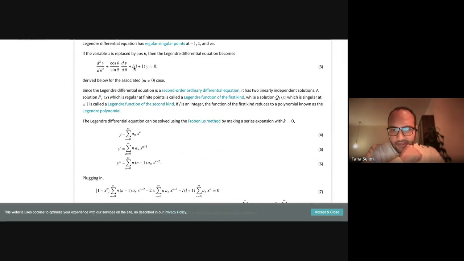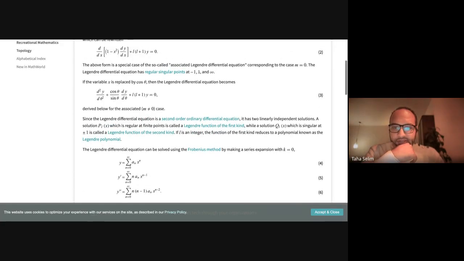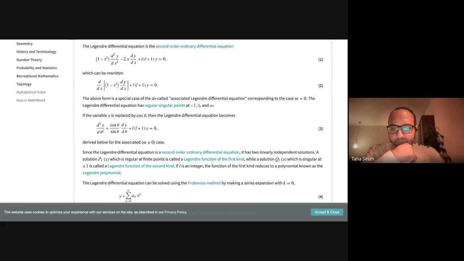You see L, and of course when we go to the spherical part of solving the Schrödinger equation, we're going to get this L as an angular momentum. So it's not here. This is a typical Legendre equation, but when we see it later, when we solve for example the Schrödinger equation for hydrogen atoms, then you get the spherical harmonics as a solution for the angular part. So that's to keep in mind.